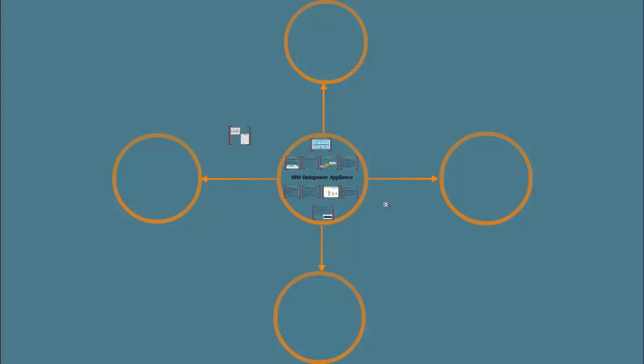We will also see a sample deployment model of DataPower and how it is placed in the DMZ zone. Then we will touch upon key aspects of the DataPower XI52 box, which is a top level member of the family. So let's get started, and I'm picking up from where I left in my earlier video.